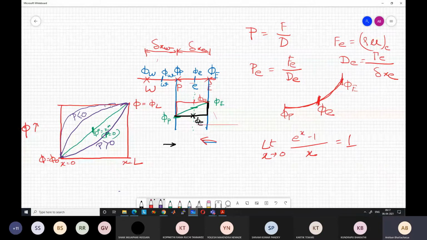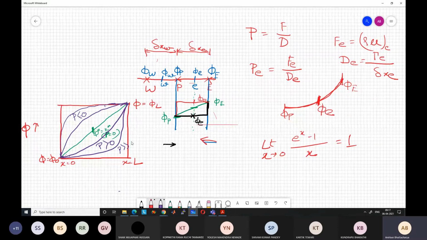Sorry, it's not very clear, but I think you can get the idea. So it will become more and more like this. So this is p much greater than 0, and this is p much less than 0.